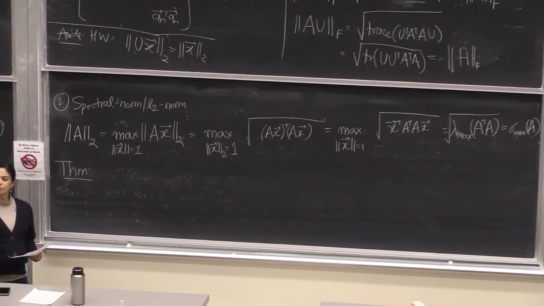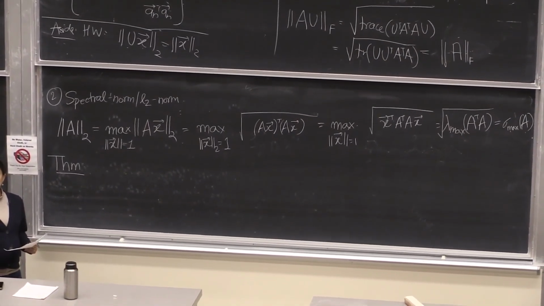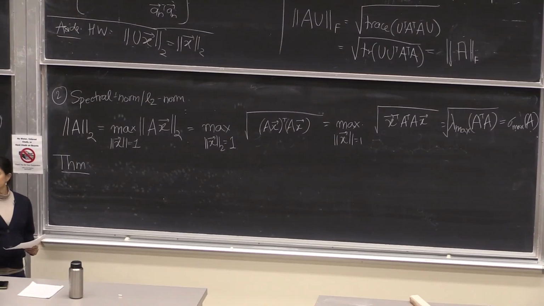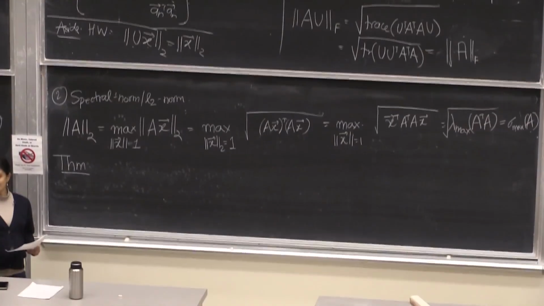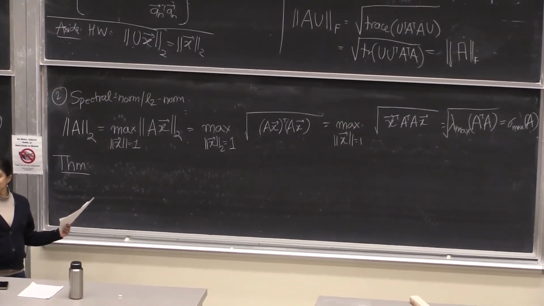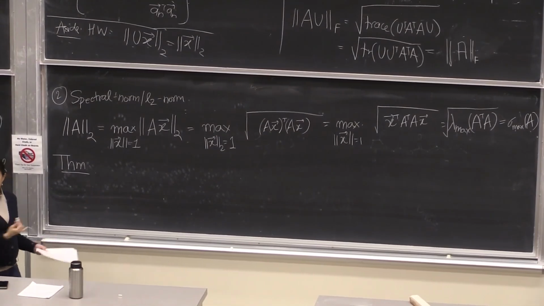Now that you're thinking about these max scalings, what do you think should happen if you take an orthonormal transformation of a matrix? Is the max scaling going to change? Probably not. So what's the theorem you want to write down? What do you want to be able to say?